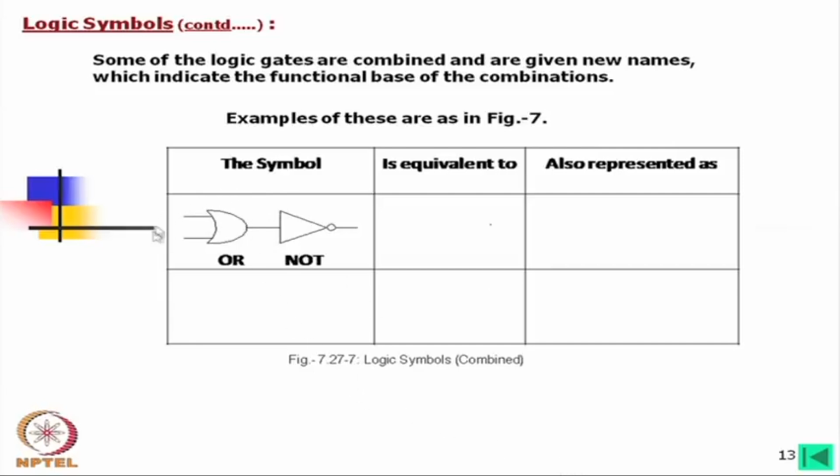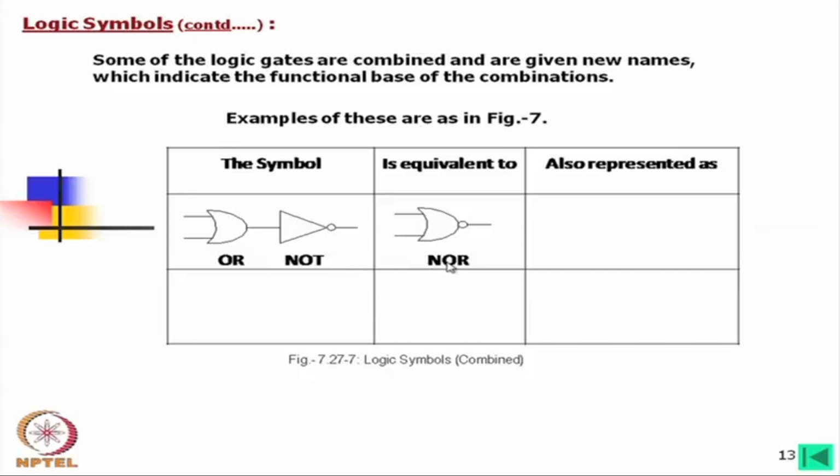This is OR, we have used the alternative symbol here. OR gate, and there is a NOT gate. Combining this, we are getting NOR gate. While we are presenting the NOR gate, we have taken this part and we have taken this bubble. The intermediate portion is eliminated. This means OR and NOT make a NOR gate.